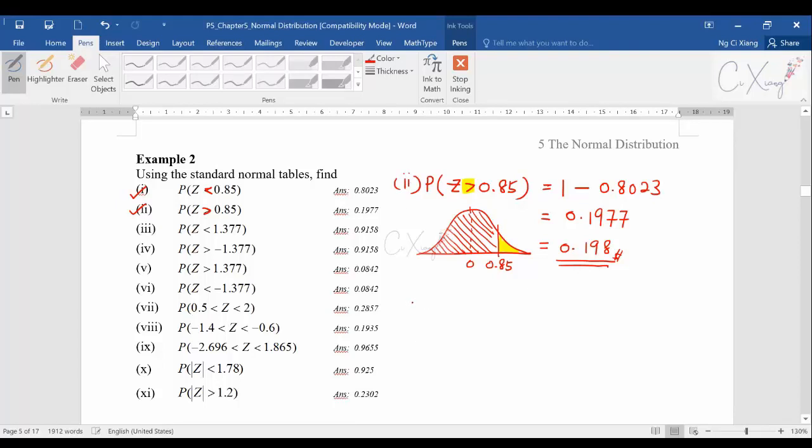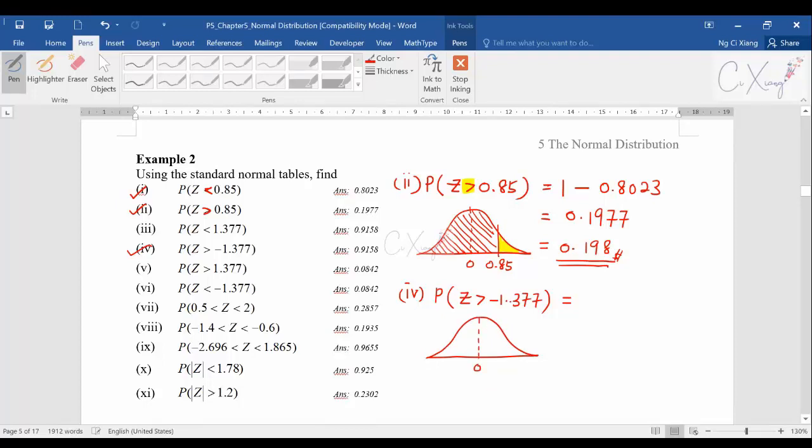Okay, so maybe you can try another one. How about we try this part number 4? Okay, so Z greater than negative 1.377. Okay, so for this one, if I want to draw the graph, how would it look? So again, the 0 is in the center.